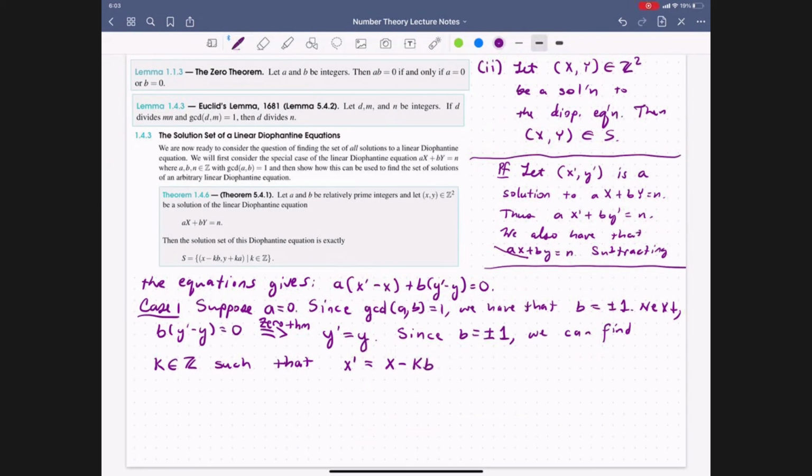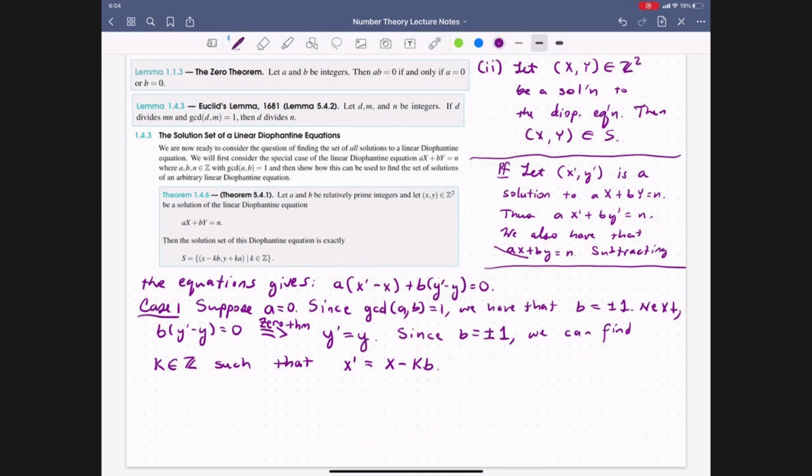And so we have this here. So remember, we're just taking b to be plus or minus 1. So we just have to go ahead and find the right value to subtract off kb to get down to x prime. So here we're using crucially that b is equal to plus or minus 1. So we have x prime written in this way.